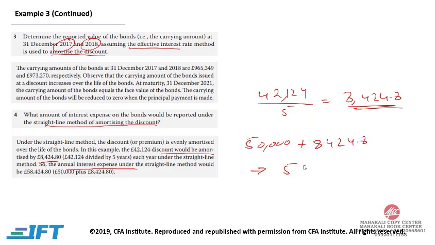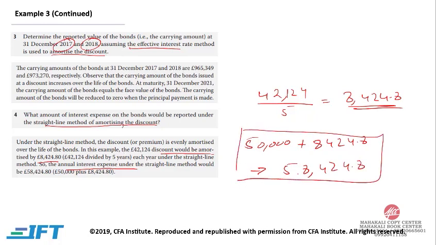So this would be 58,424.8 because the bond was actually a discount bond. If this was a premium, then the amortized amount would be subtracted.